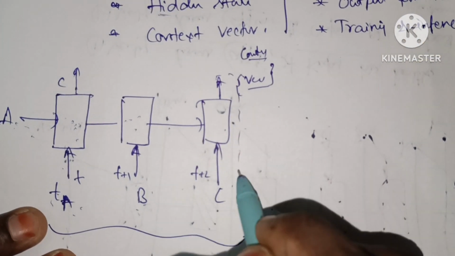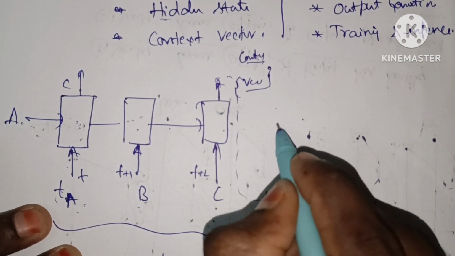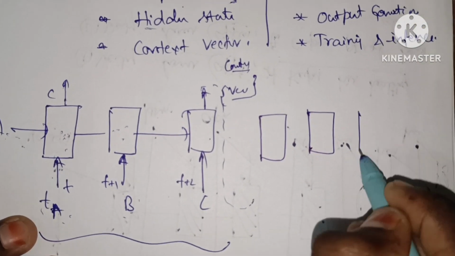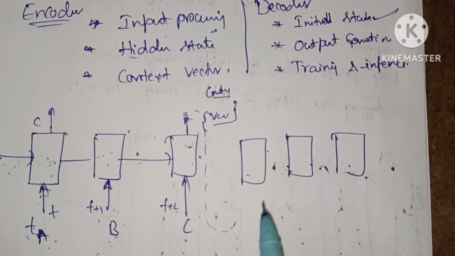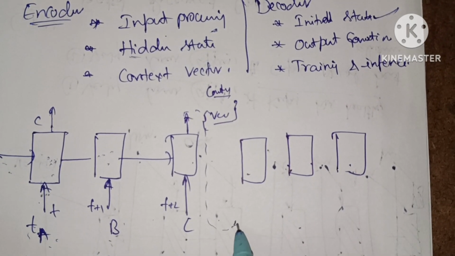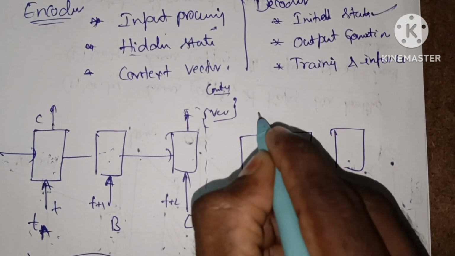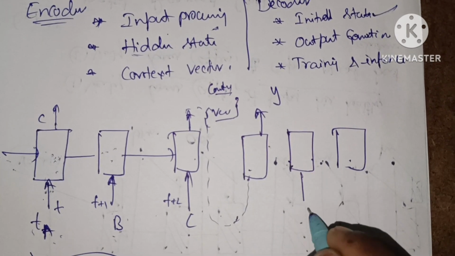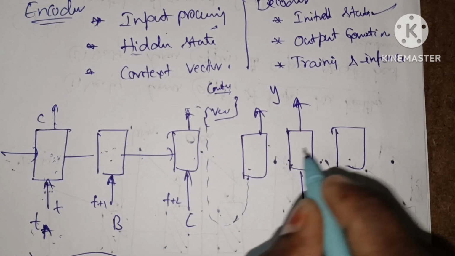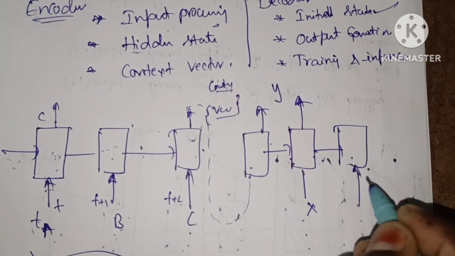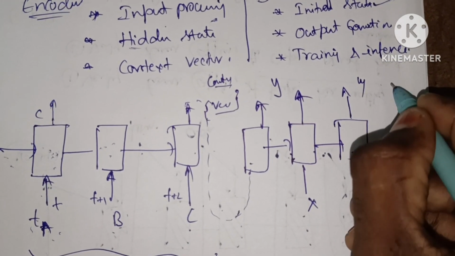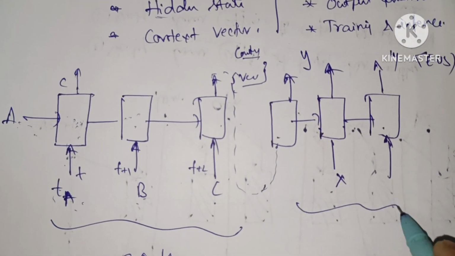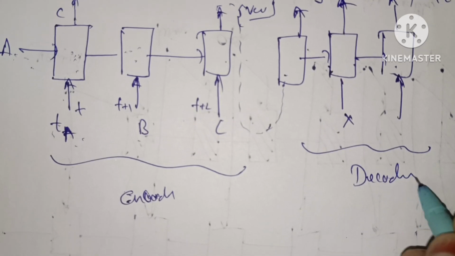Based on this context vector, we take the context vector as initialization. Here also different hidden states are used: initialization, input, output, again input, output, input, output. This is the end of state. So this is the encoder, this is the decoder.